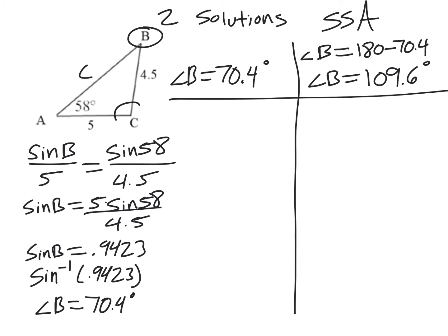I basically do the same math, but the first case considers, what if angle B is acute and it's 70.4? We'll just do our thing.